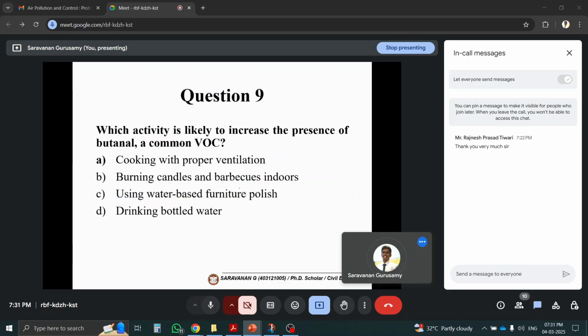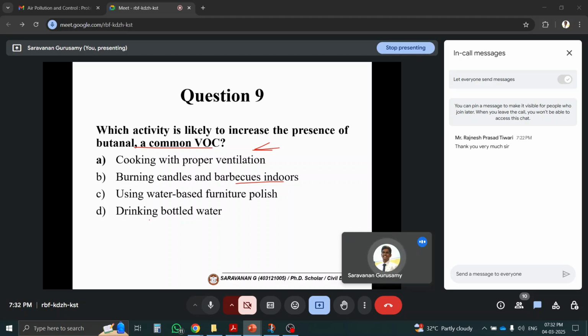Yeah. So ninth question is, which activity is likely to increase the presence of butanol, a common VOC? So we have seen different VOCs from the indoor air pollutant. One is butanol. So where is it coming from? Cooking with proper ventilation, burning candles and barbecues indoor, using water-based polish, drinking bottled water.